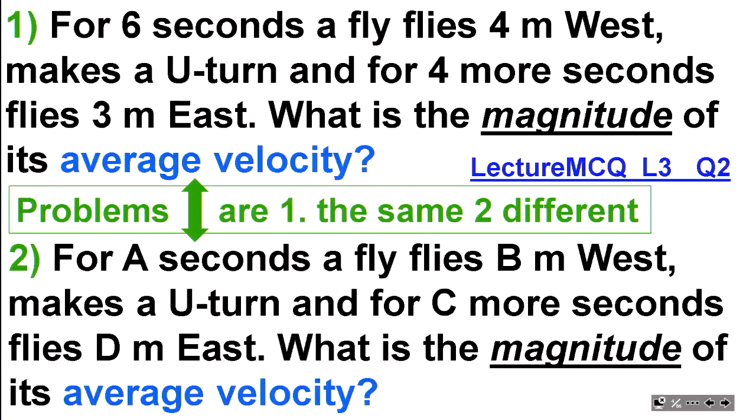So it is the same problem. It requires exactly the same strategy, exactly the same reasoning, exactly the same process. But, of course, when we have numbers, it just makes us feel easier. But remember, from lecture number 1, feelings in physics don't matter.